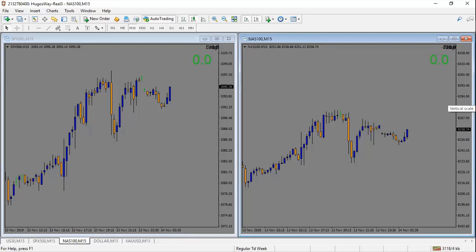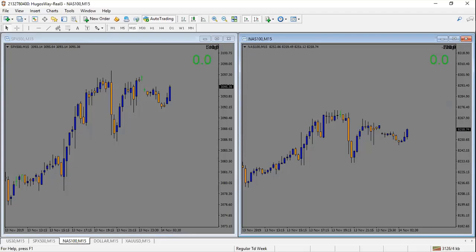Why is that important? Can anyone tell me? Why would that be important that these two move before US30, most of the time? It'll give you a heads up on US30. Thank you. You can use these as a quote unquote indicator of what's about to happen on US30, right?